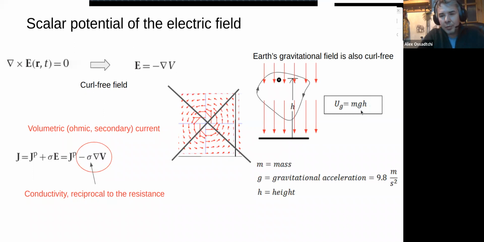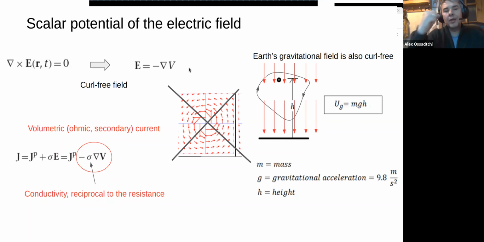The potential difference encodes the amount of work that needs to be done to displace a body from one point to another, and of course the work depends on the mass of the body. The same here: when you divide the potential function by the distance, you get the strength of the field.